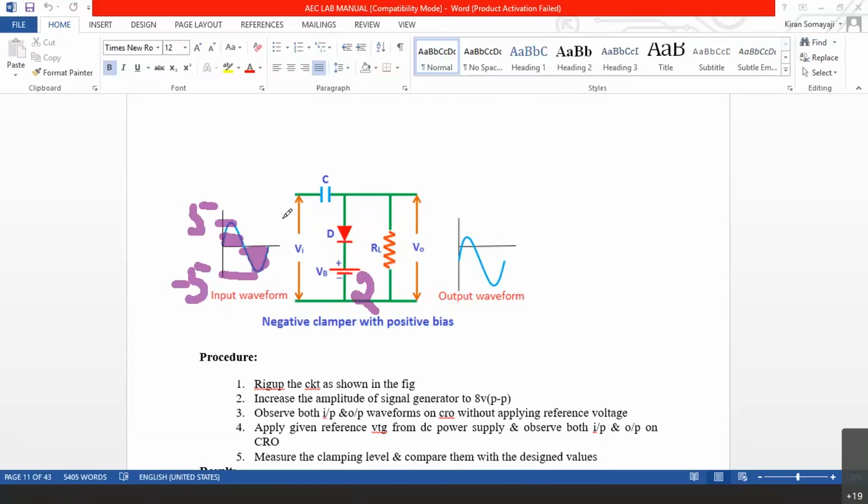Now this diode will conduct when the positive cycle goes above +2 volts. That means +2 to +5 is +3 volts. As the diode is conducting in this direction, this will become plus, this will become minus.